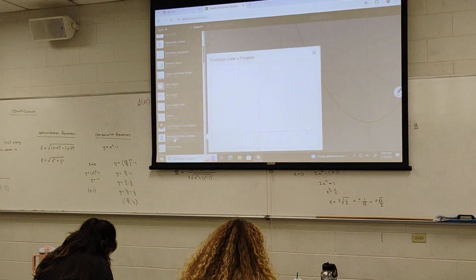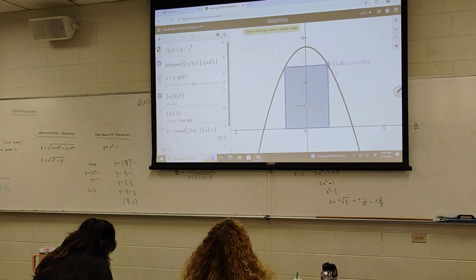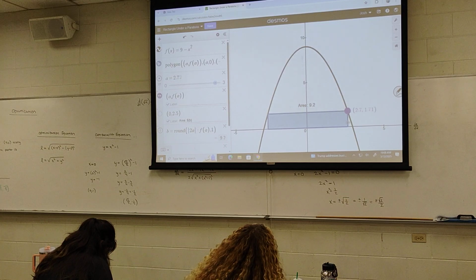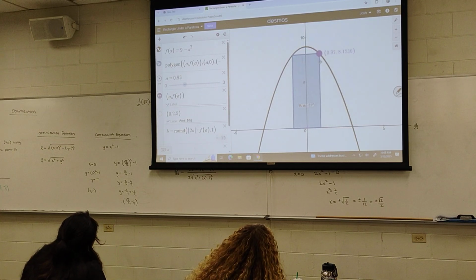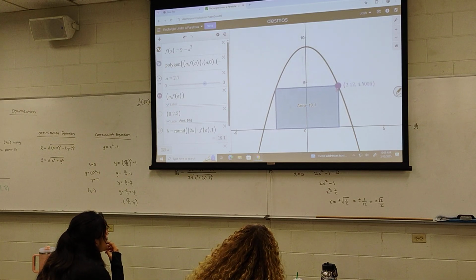So just giving you another Calc 1 example, we're going to look at the Calc 3 variant of this one. You can draw some sort of rectangle underneath a parabola. The question in Calc 1 was, find the dimensions of the rectangle that maximize the area.